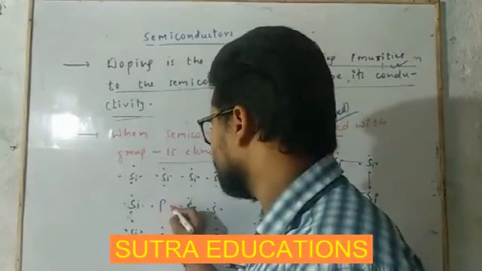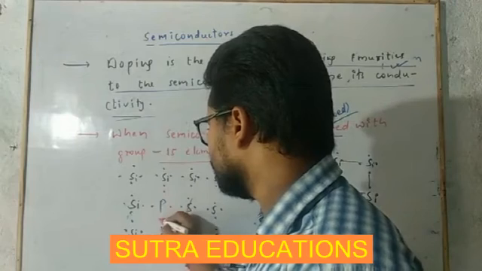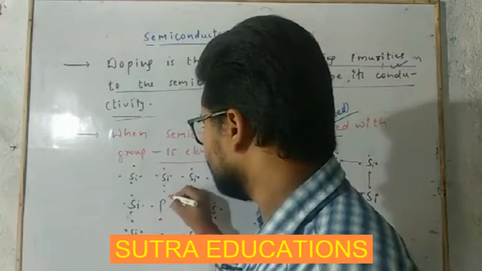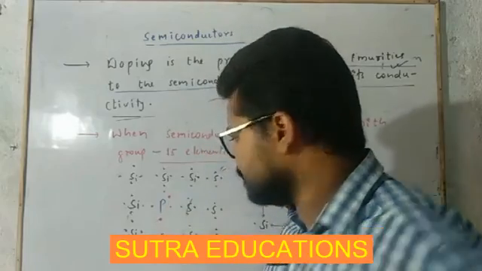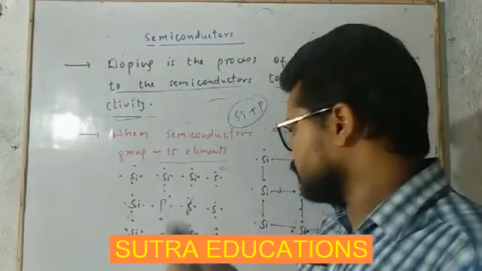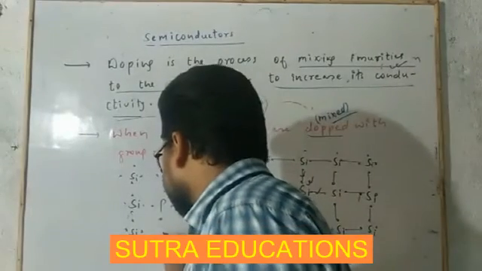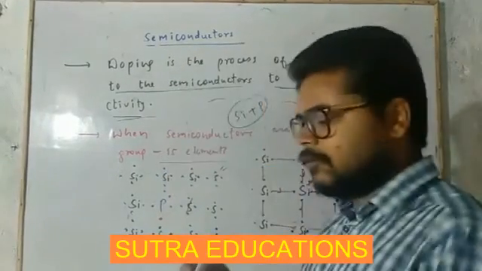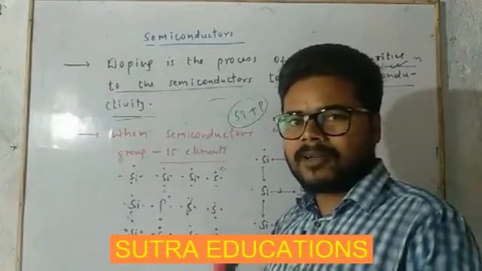So 1 electron, 2 electron, 3 electron, 4 electron, and 1 electron say here. Now what will happen? Just look carefully.